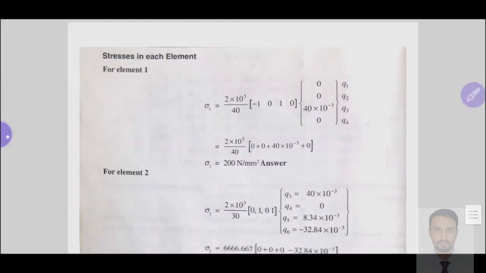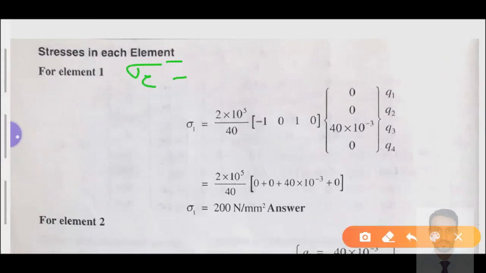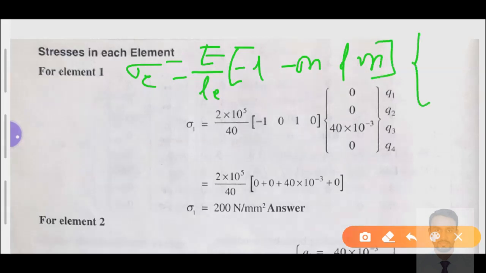How will we find that? As usual, we will use the stress equation. We have the stress equation: sigma E is equal to E divided by LE into minus L, minus M, L, M, into Q1, Q2, Q3 and Q4.